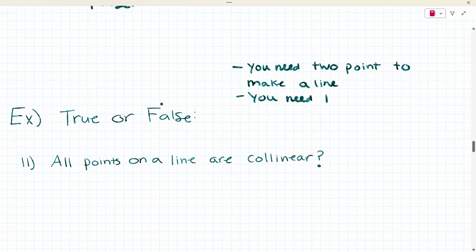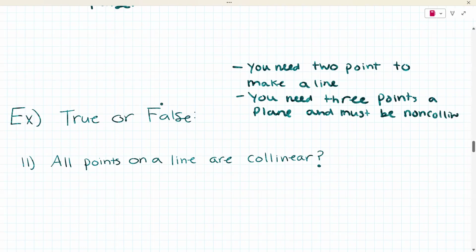You need a minimum of 3 points to make a plane, and they must be non-collinear, right?